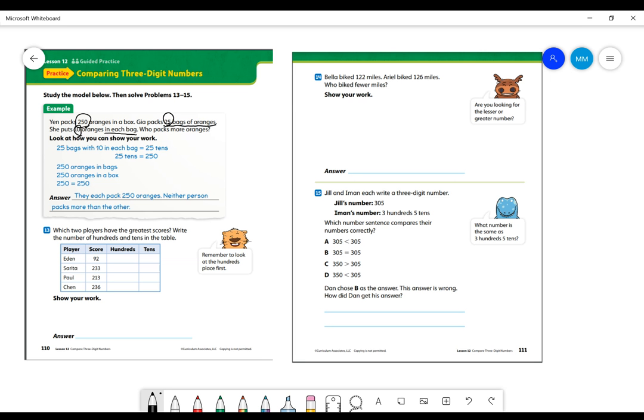So we know that Yen packs 250 oranges in a box. So here's Yen's. Yen packed 250. So 2 hundreds, 5 tens, and 0 ones.